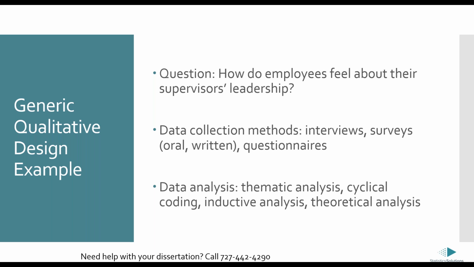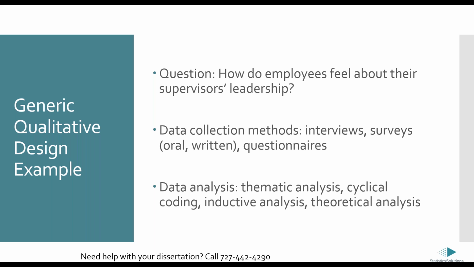So here we're looking at the supervisor's leadership. What is that experience? So again, you would collect data perhaps through interviews, perhaps through surveys, really structured surveys, if they're oral surveys or written, that people could either do on paper or online, questionnaires as well. So you collect those data.